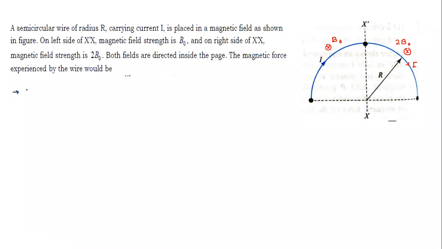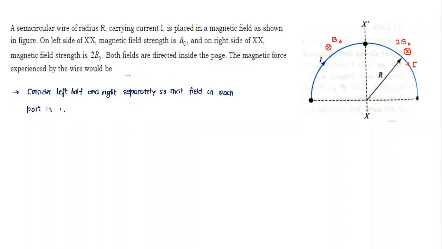So first, what we do, we consider the left half and right half separately. Why do we consider the right half separately? So that for each part, the field becomes uniform. Field in each is uniform.